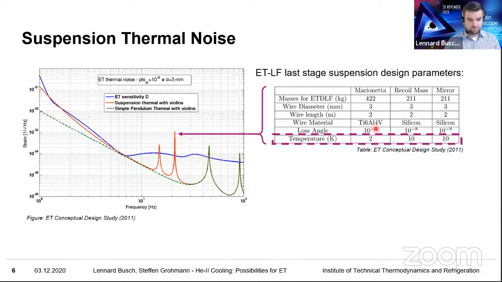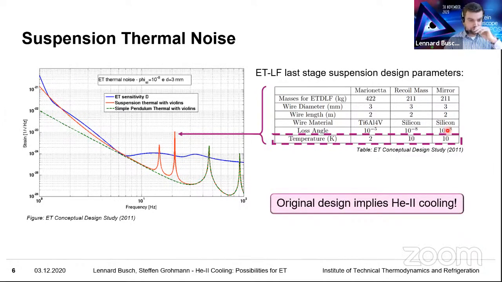So again, we're at 10 Kelvin in the mirror there, and that basically suggests that the design presented in the conceptual design study implies helium-2 cooling of that marionette, because with helium-2 we could get as low as 2 Kelvin in the marionette.